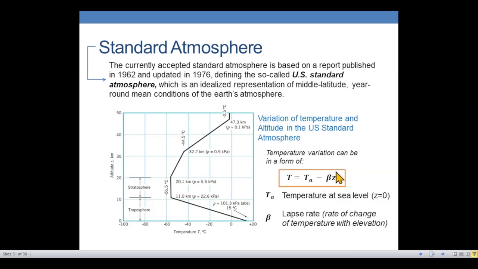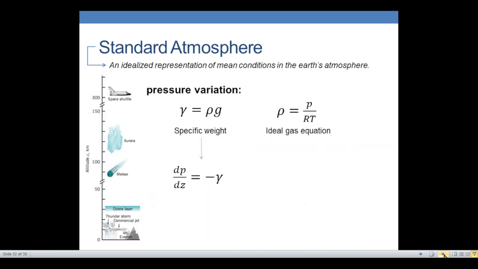Let's proceed. Now, in describing the atmosphere using the standard atmosphere, we need to use the specific weight. The specific weight is actually the product of density times the gravity.